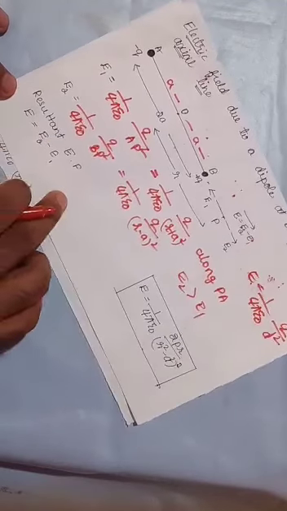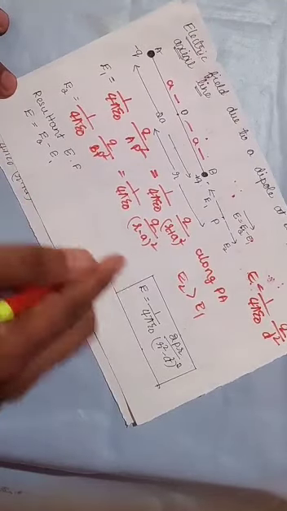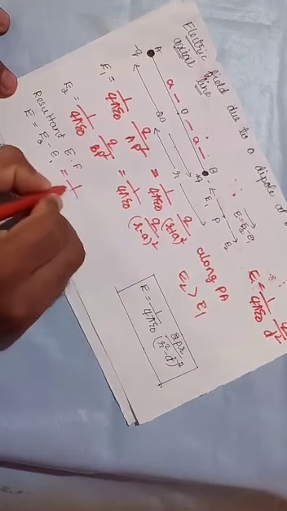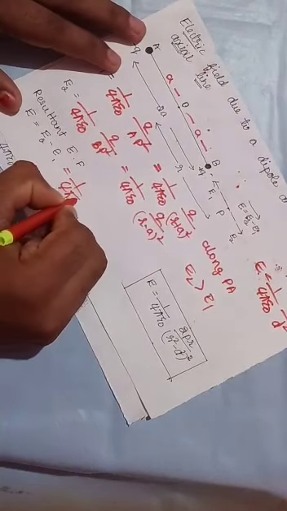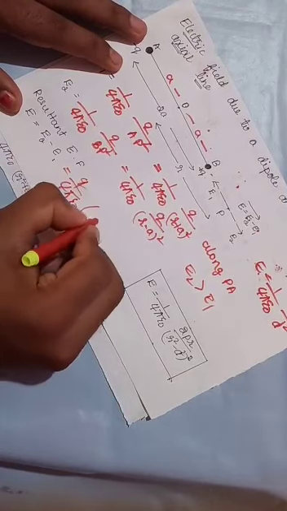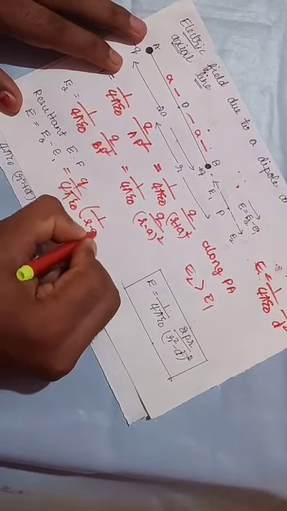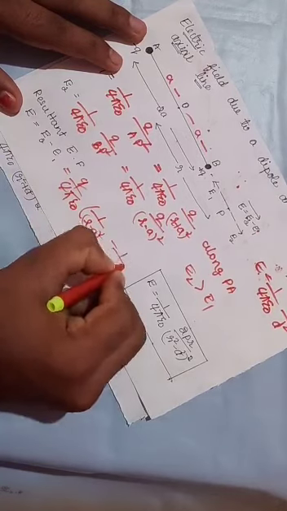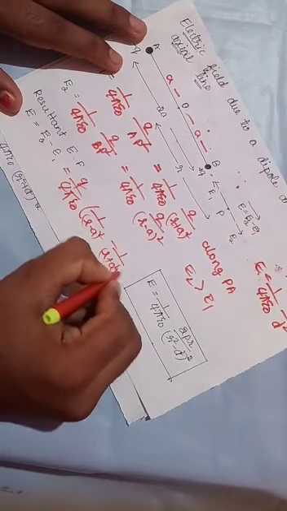Therefore, the resultant electric field will be E equals E2 minus E1. So you get 1 divided by 4 pi epsilon naught. Q is common. You are left with 1 divided by r minus a whole square minus 1 divided by r plus a whole square.